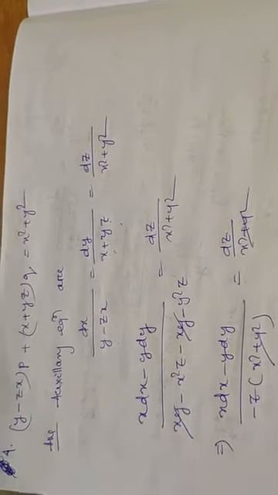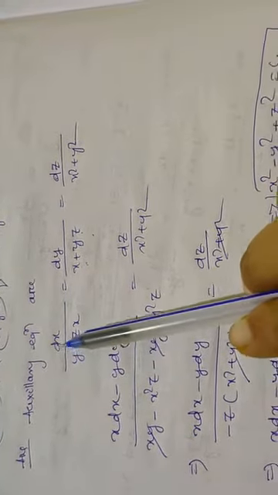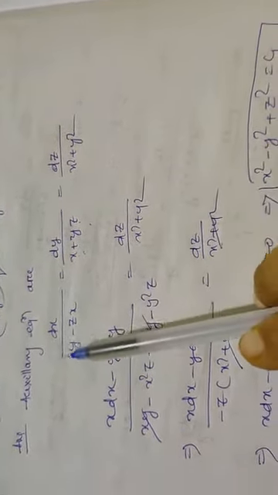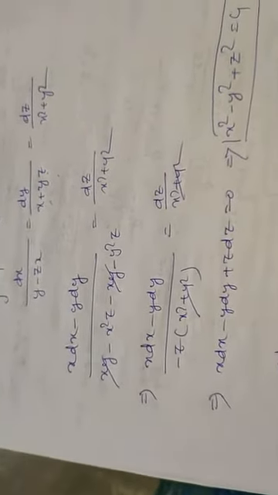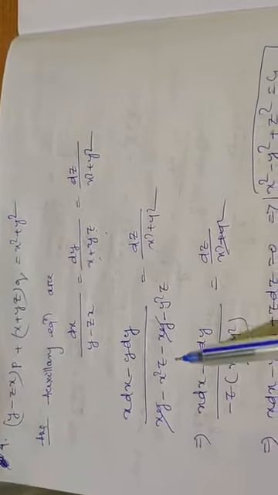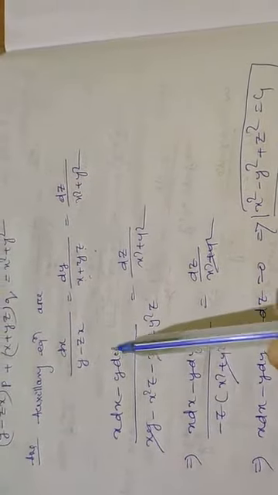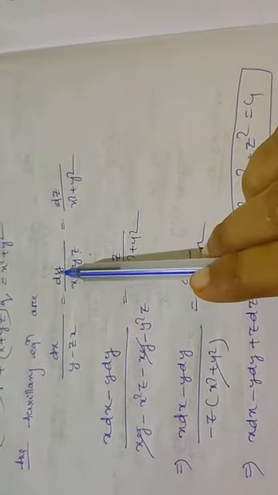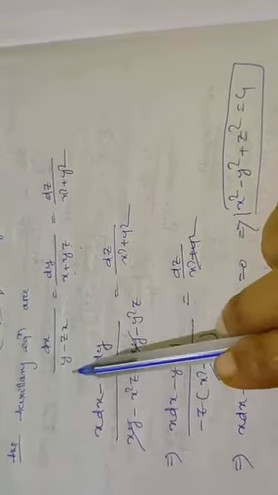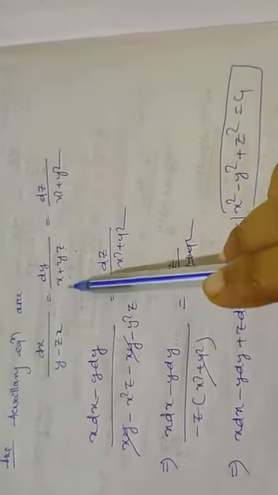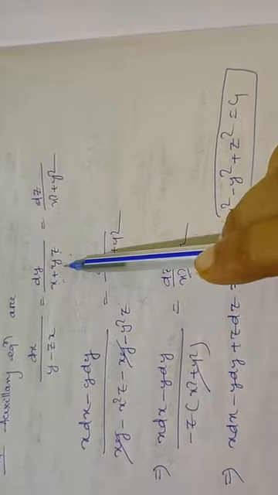Now using the multipliers x and y in the first two ratios, we get x dx − y dy. x is multiplied here, y is multiplied here. So the denominator is xy − zx² − xy − zy².